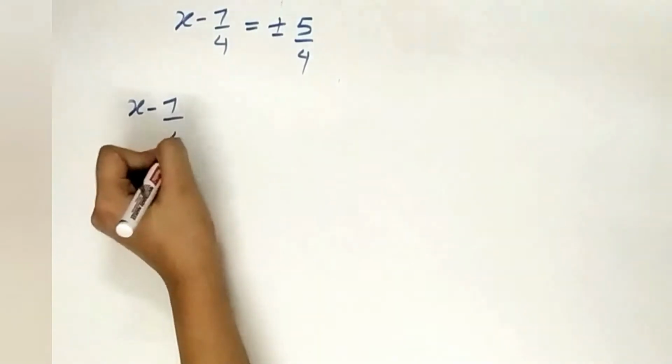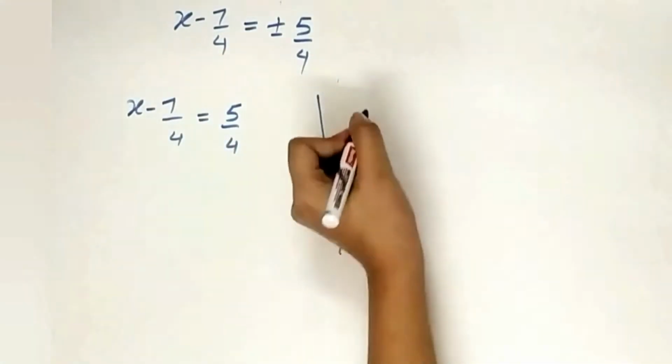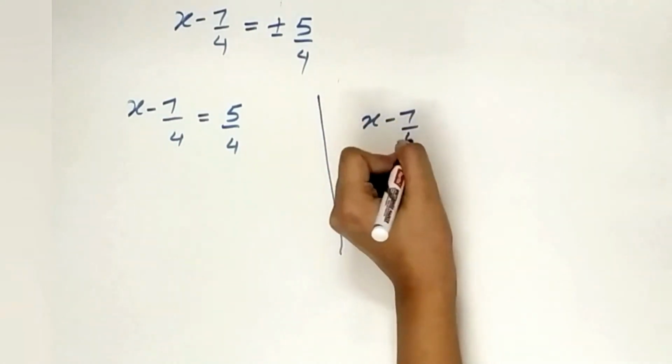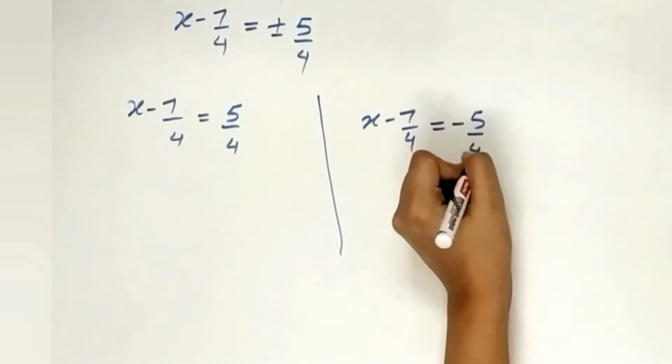So x minus 7 by 4 is equal to plus 5 by 4. x minus 7 by 4 is equal to minus 5 by 4.